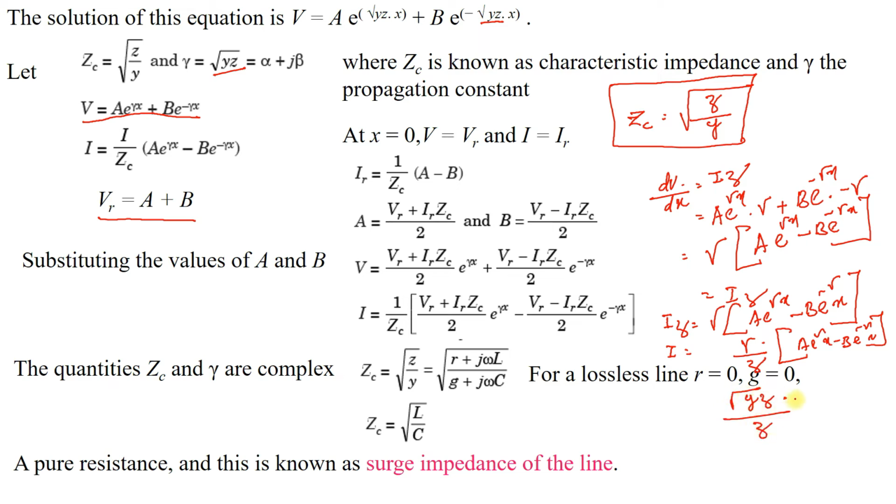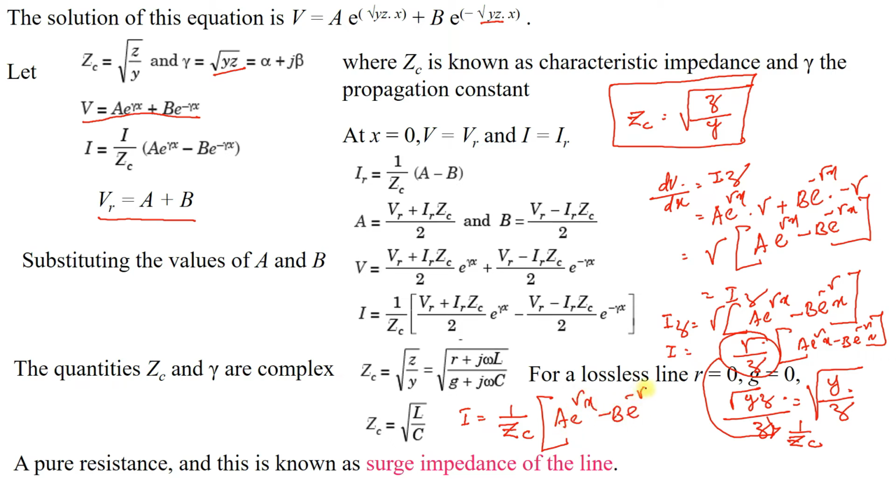Divided by Z, it will be equal to root of Y by Z, and here you can see that by definition, root of Z by Y is ZC, so root of Y by Z will be 1 by ZC. So if you substitute this here, gamma by Z is equal to 1 by ZC. So you get the expression for I as I is equal to 1 by ZC into A e power gamma x minus B e power minus gamma x.